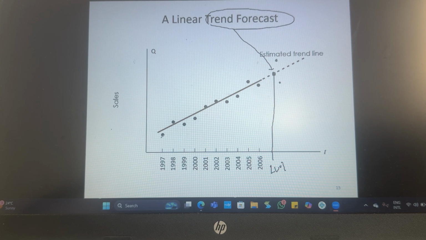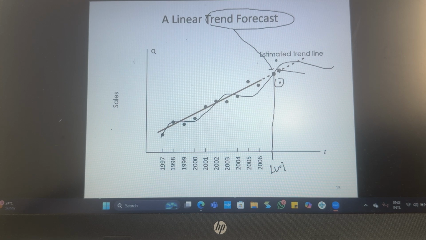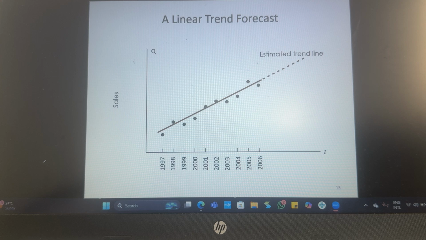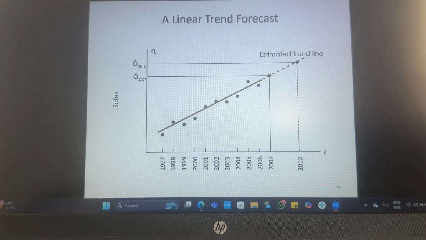So if you take this line, there you see ups and downs, like this. But even though the actual number is here, the trend is giving us this number. So you are producing more, but actual sales is very less. So we need to capture those things as well to make the most accurate forecasting valid. So this is 2007, 2012, like this. These are only the trend forecasted values.